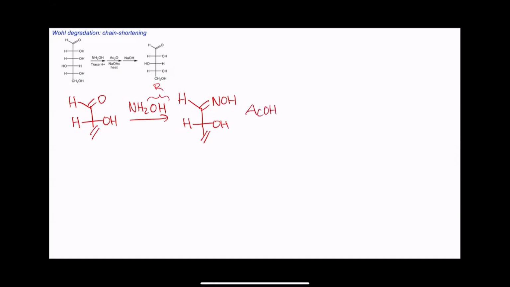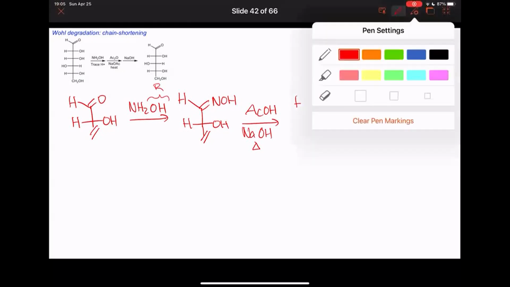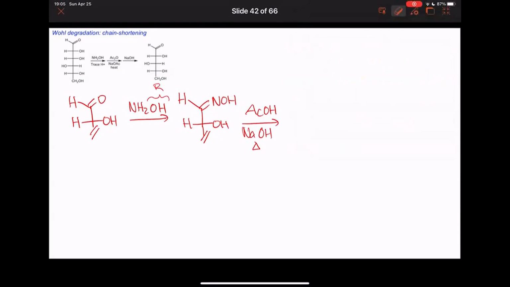Next, you'll add in AcOH, NaOH, and heat. And this is just your substitution reaction. It'll be a substitution reaction for your alcohol. But then up top, it'll go ahead and reduce to your nitrile.